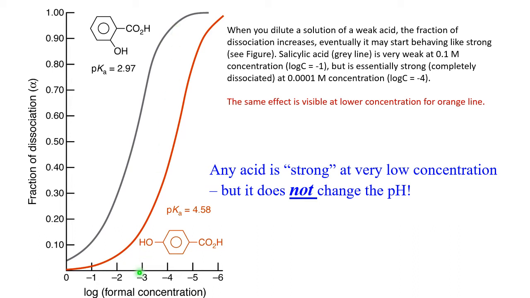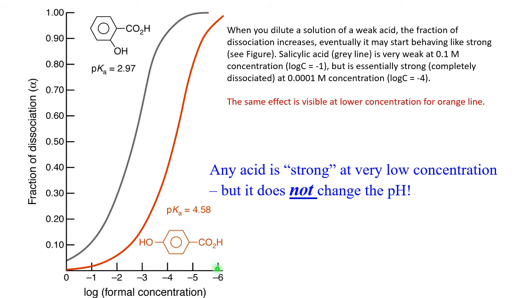The same effect is true for parahydroxybenzoic acid. It's very weak at 0.1 molar solution, a couple of percent dissociation. Same at 10 to the negative 2, same at 10 to the negative 3, and even at 10 to the negative 4, it's still weak.